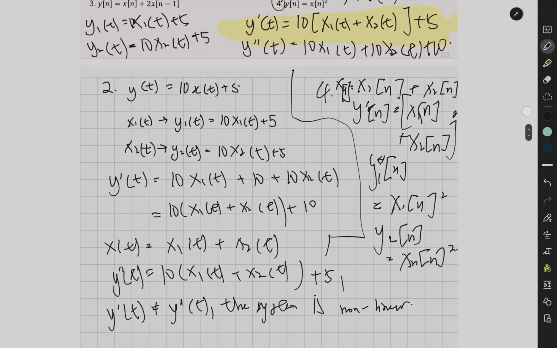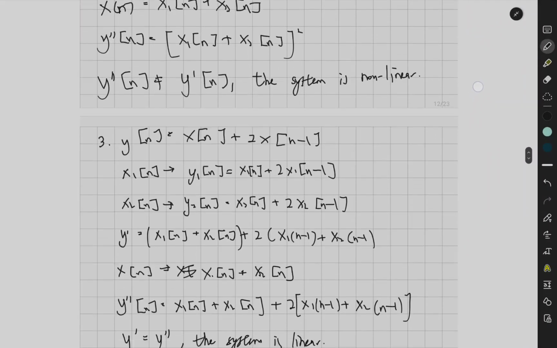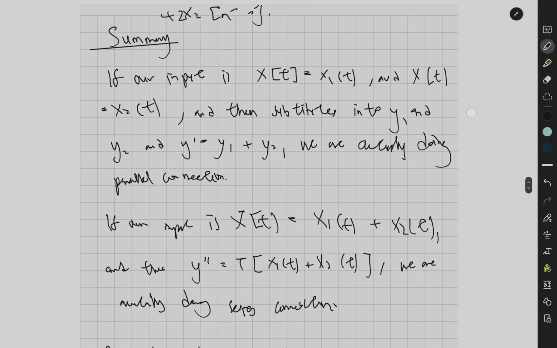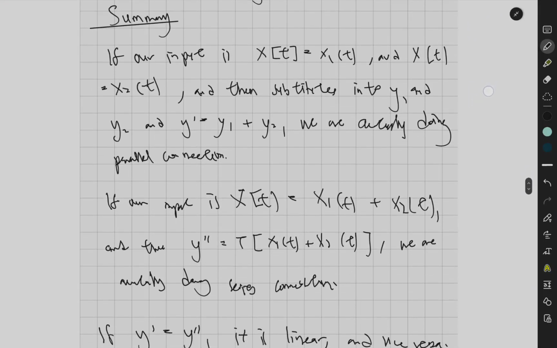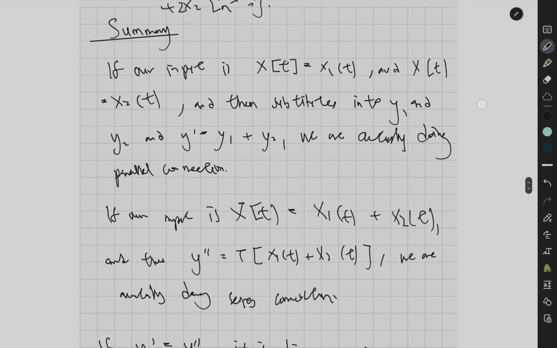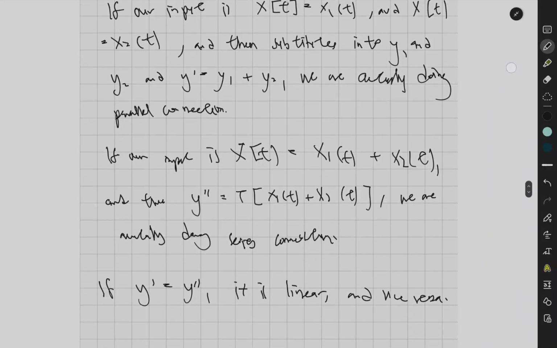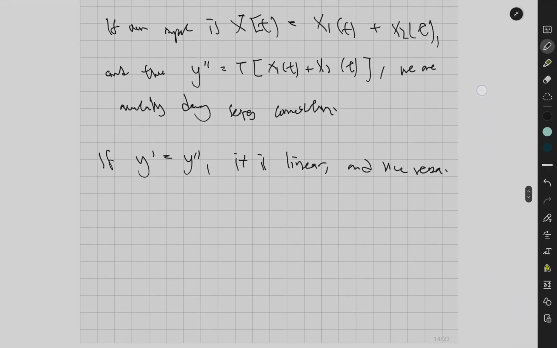When we do parallel, we can see that y bar is not equal to y bar, because it is actually x1n square plus x2n square. So it is not the same as the series result, so this is a non-linear system. I have done the summary: if our input is xt and we substitute into y1 and y2, we are doing a parallel connection.